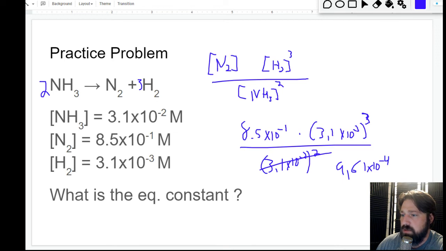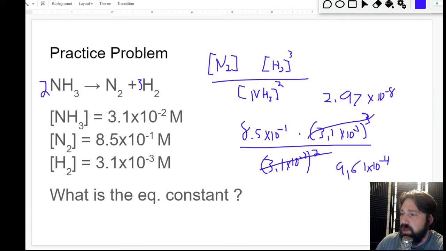And that turns into 2.97 times 10 to the negative 8th.